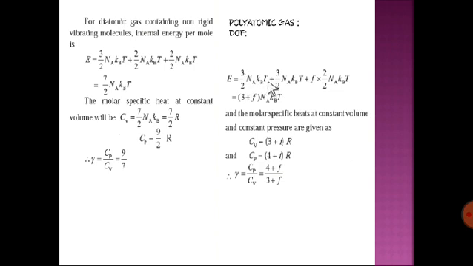Again all four will be having 3 rotational motions, so 3 into half NakbT, so this is 3 by 2 NakbT. And we don't know how much vibrational motion will be there, but as it is a vibrational motion, 2 should come into consideration. So the number of vibrations is f, and 2 atoms are considered, so 2 into half NakbT. So what happens over here then?